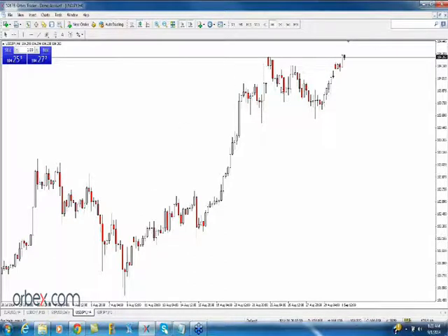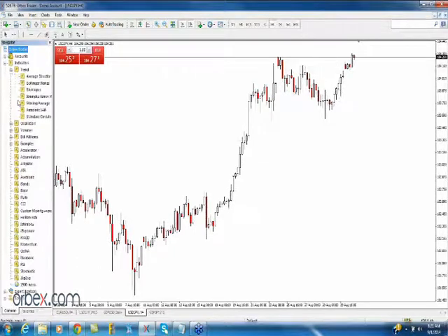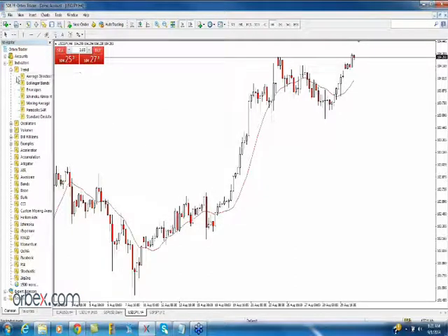Thank you. So first off, with moving averages, just to give you some idea what a moving average is and how it operates, let's go through some moving averages here. I'm just going to pick some random moving averages. I'll just do a 13, and let's change the color here.